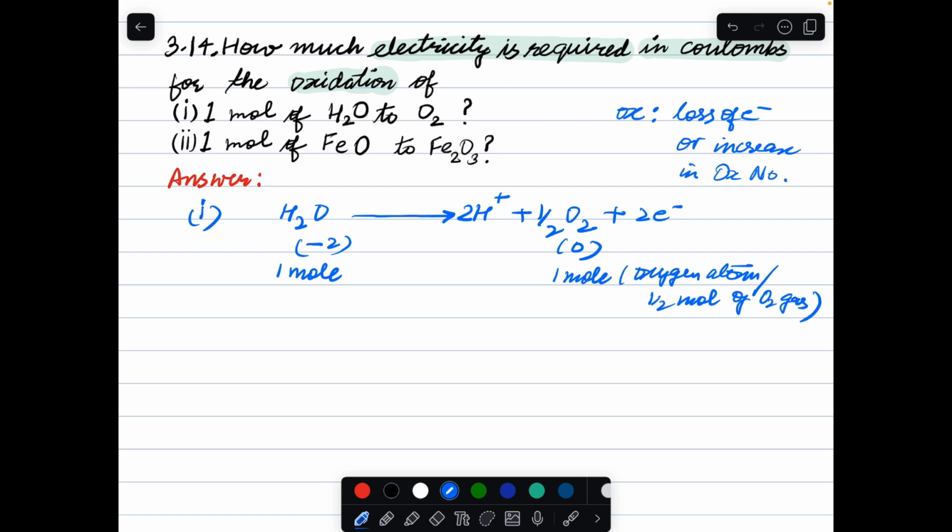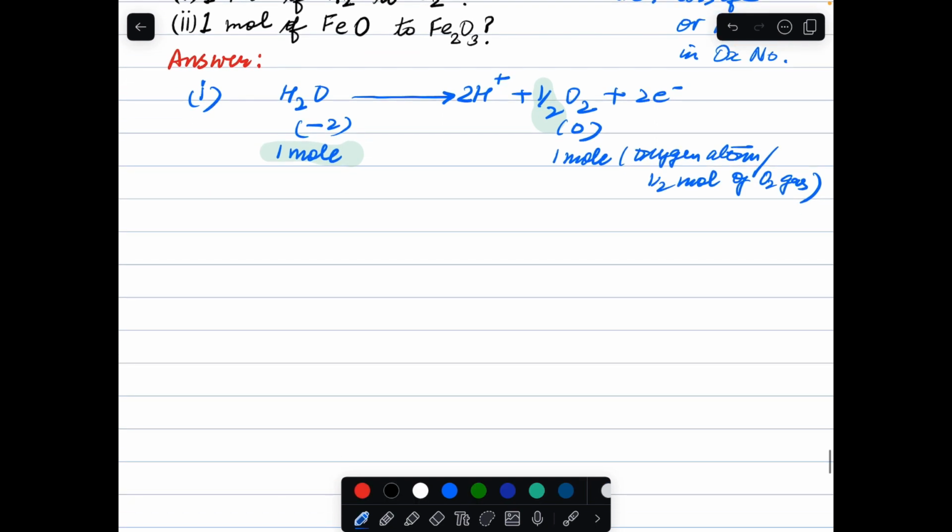Yes, because the stoichiometric coefficient here is 1/2 for 1 mole of your water. So you have to be very clear to avoid any confusion.